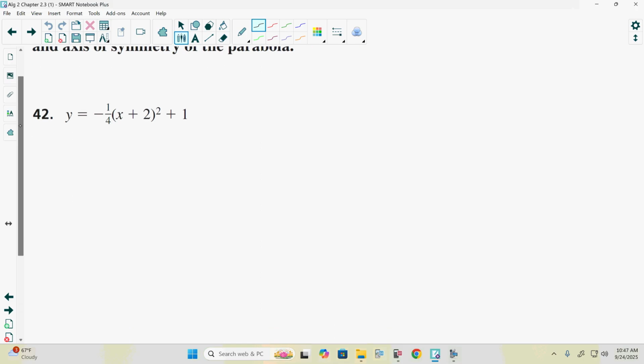So this here is the first one we're going to be looking at today. Now, since it tells us y equals negative 1/4 times x plus 2 squared plus 1, we need to compare this to the general form, which is y equals a times x minus h squared plus k.